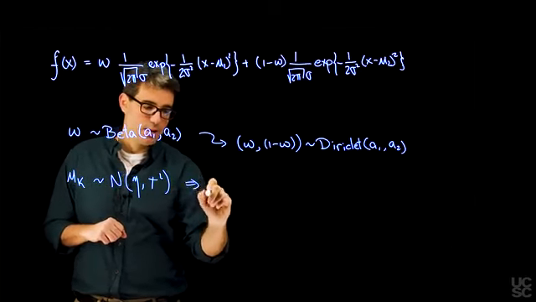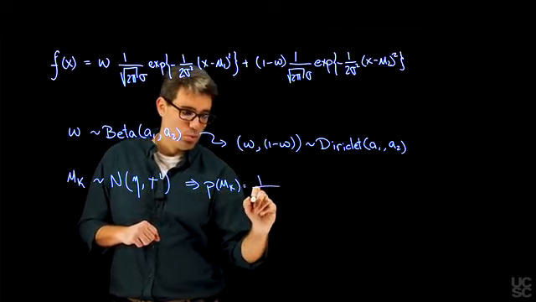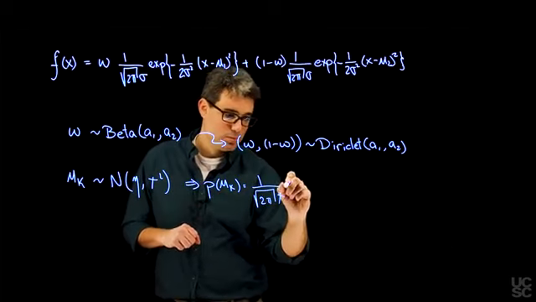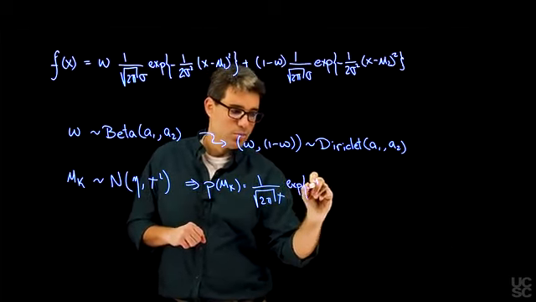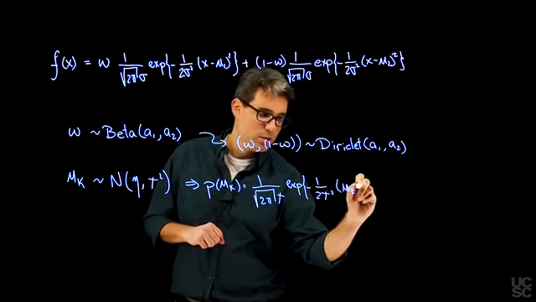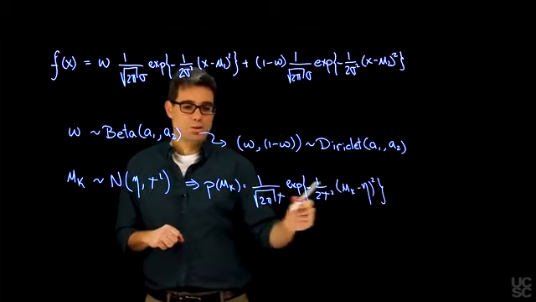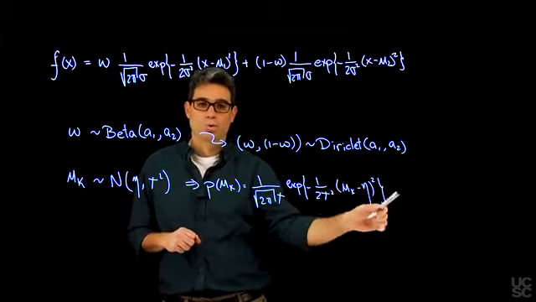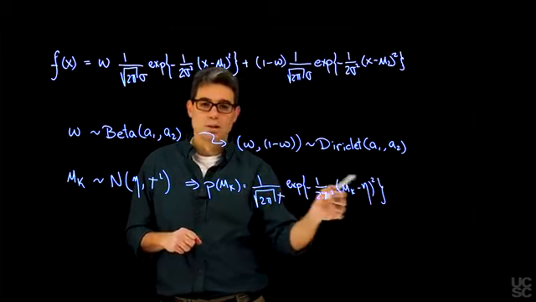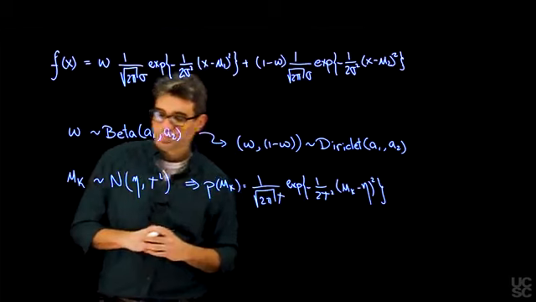And that implies that the density for my prior is going to be of the form 1 over the square root 2 pi tau exp of minus 1 over 2 tau square (mu sub k minus eta) square. As we will see in a minute, this choice of a normal prior for the mean of each one of the components is computationally convenient and will lead to very simple updates for the value of the parameters.